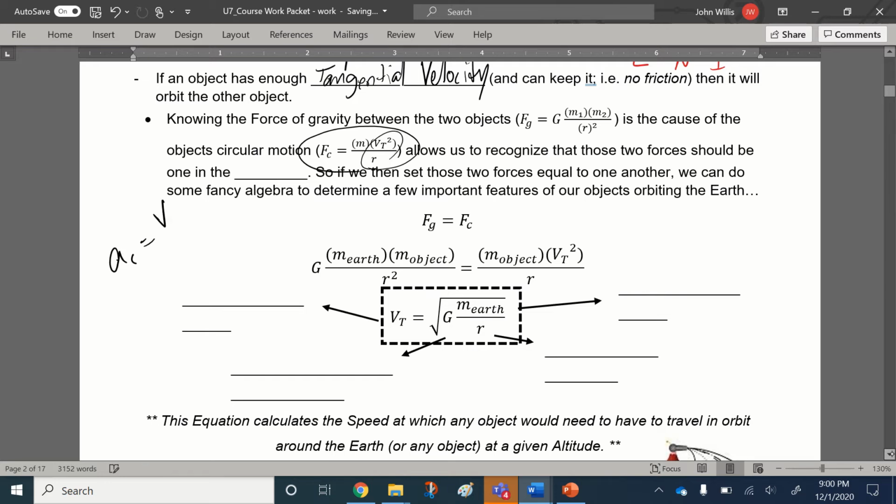Centripetal acceleration was your velocity squared divided by your radius, because your direction is what was changing, and so your radial vector was changing, and the equation got weird. Not the point. The point is, I have one equation that calculates centripetal force, and Newton provided us another equation that calculated weight, gravitational force. Well, if the sun is supplying that centripetal force to the Earth via gravity, these two things should be the same.